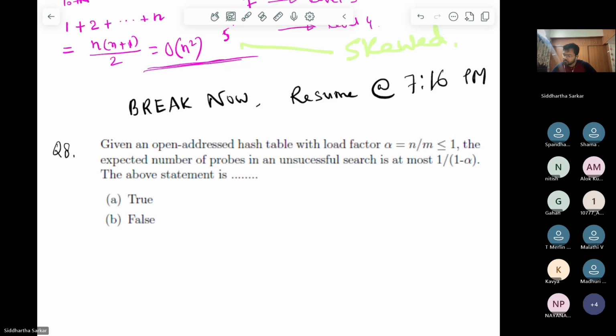Okay. So we have an answer. So Gahan is saying true. Why is it true?